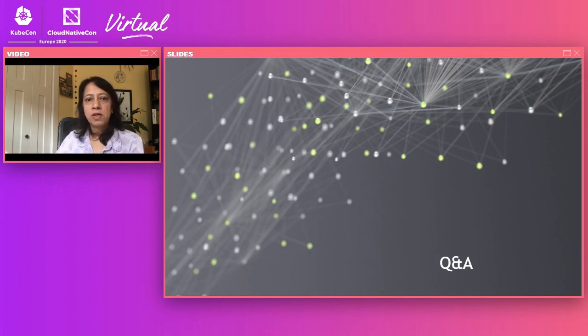Is GPU sharing taken into account in your dashboards? GPU sharing is not yet taken into account in the dashboards. We are just talking about GPU affinity in our scheduler.